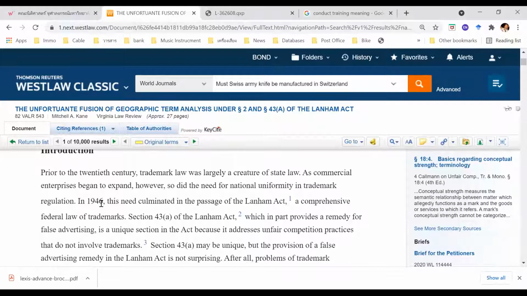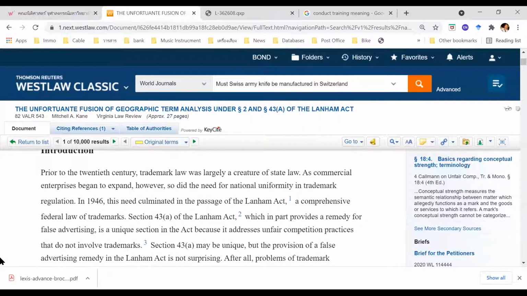In 1946, with the passage of, you look at that, they mention the Act. The Act means the law, the name of the legislation or statutes. So they give you the citation: a comprehensive federal law of trademarks, section 43. So this is the detail of the primary source that I'm looking for on this idea.